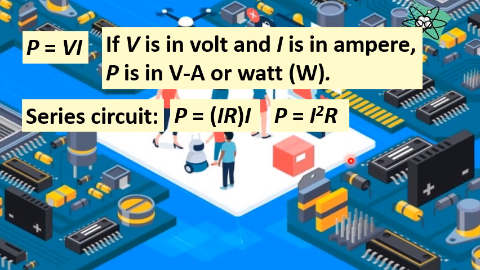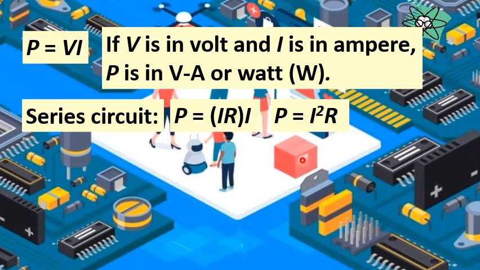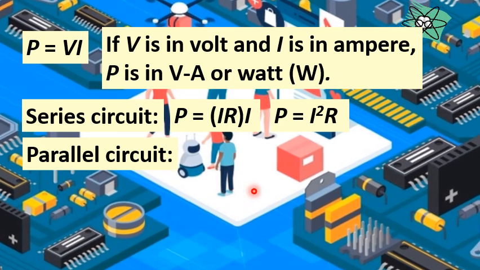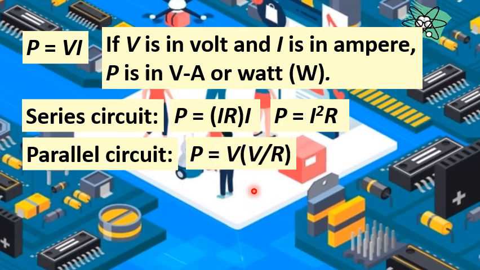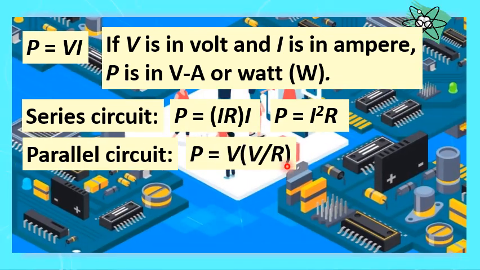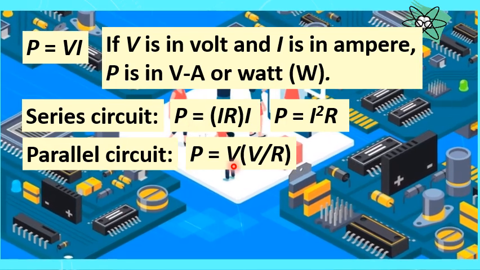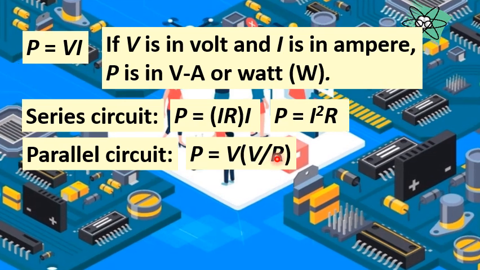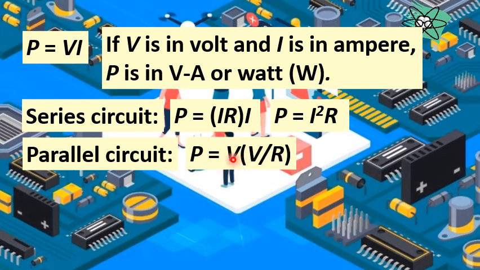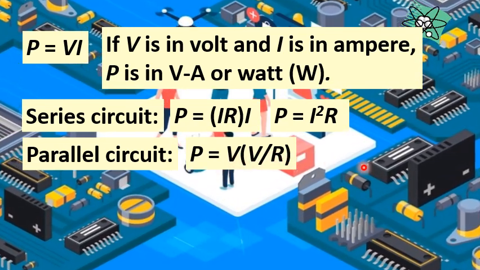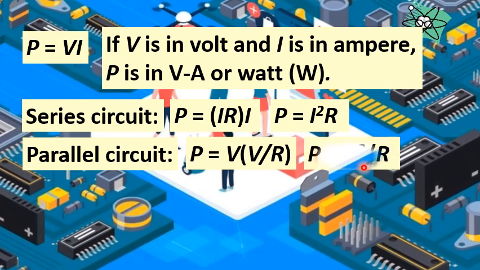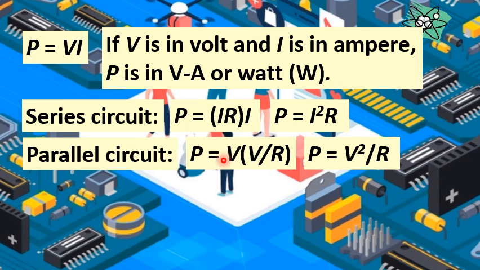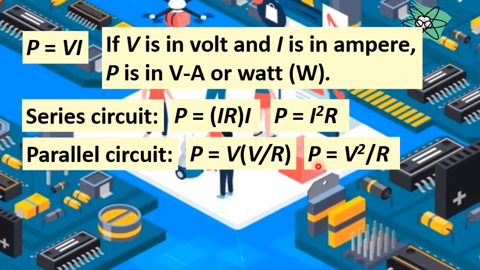So that's for series. While for parallel, we can substitute V over R for the current I, right? But V over R will be multiplied by the voltage V. So we get the derived formula, P equals V squared over R. That's for parallel circuit.